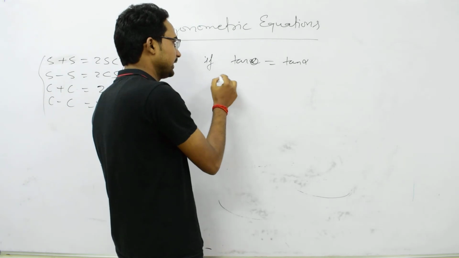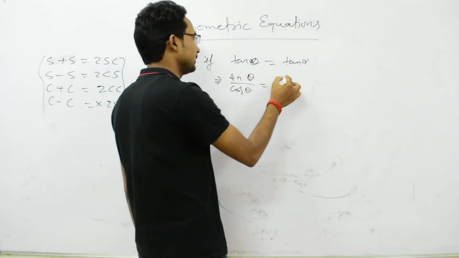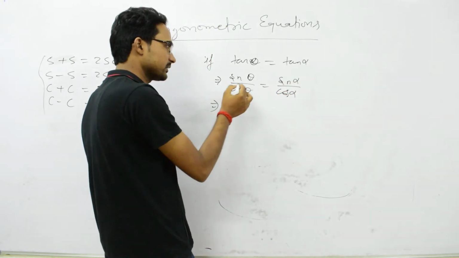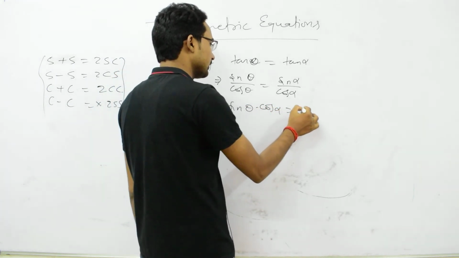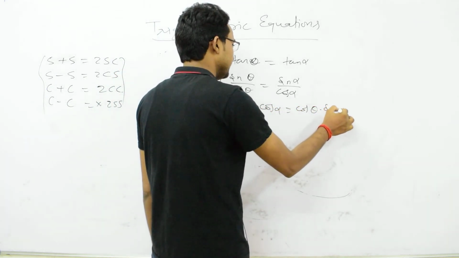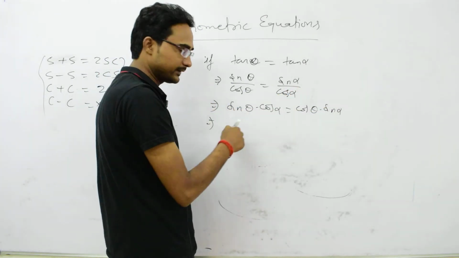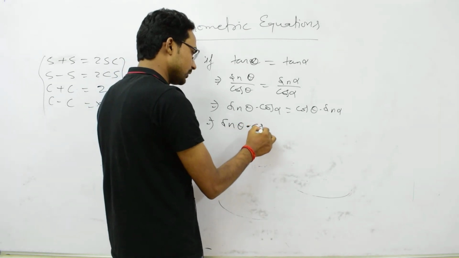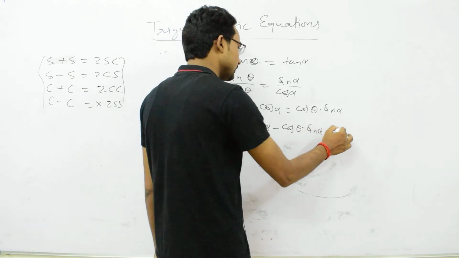Tan theta we can write as sin theta upon cos theta, and that is equal to sin alpha upon cos alpha. Just do cross multiplication: sin theta into cos alpha is equal to cos theta into sin alpha. Now, transfer to the left hand side: sin theta into cos alpha minus cos theta into sin alpha equal to 0.